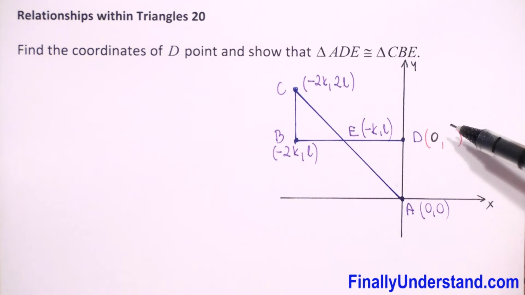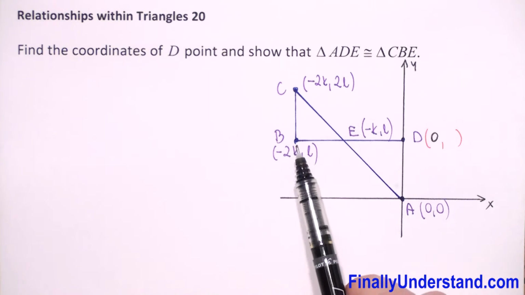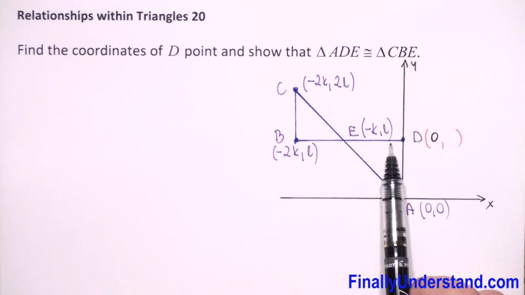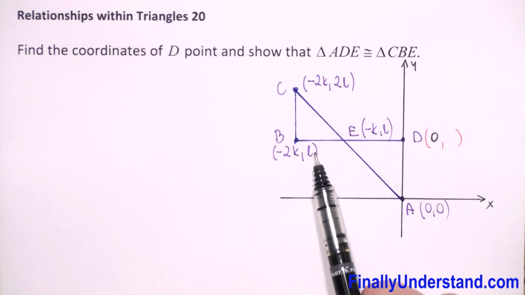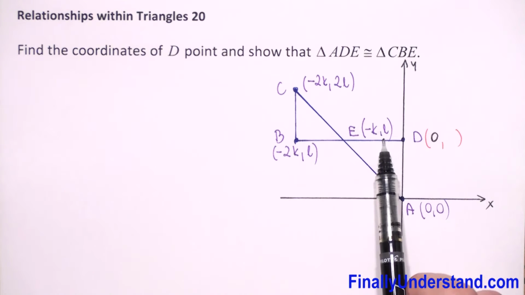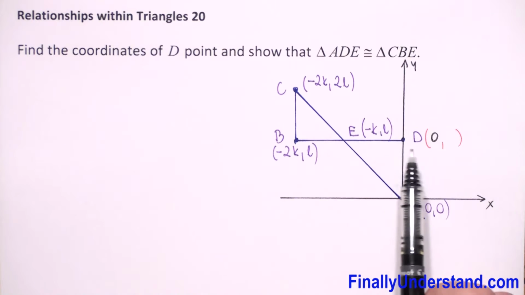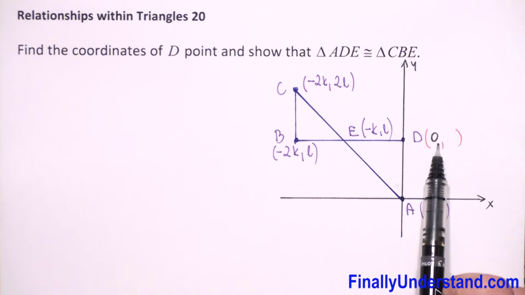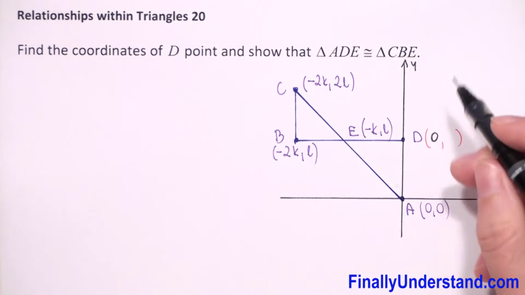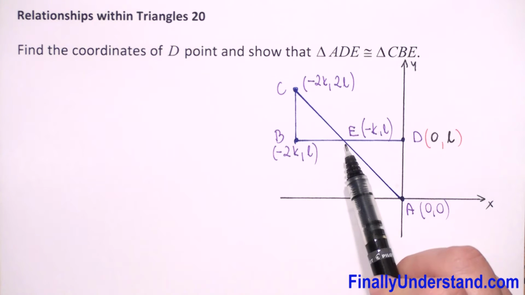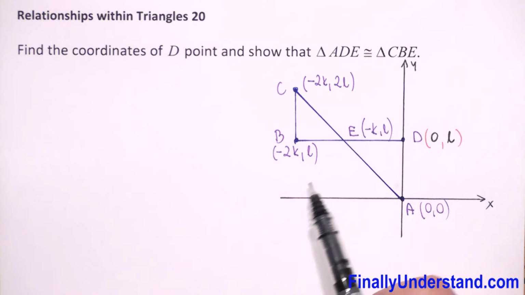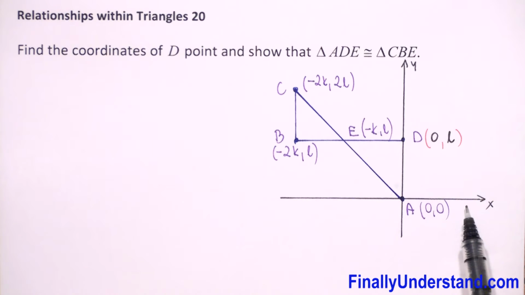And because we see that B, E, and D are on the same line, and the second coordinate of B point and the E point is L, it means that the second coordinate of point D must be L too, because BE is parallel to the x-axis.